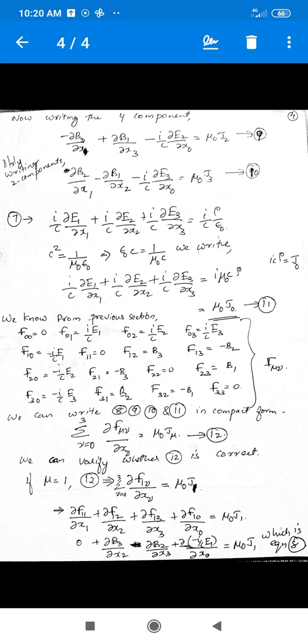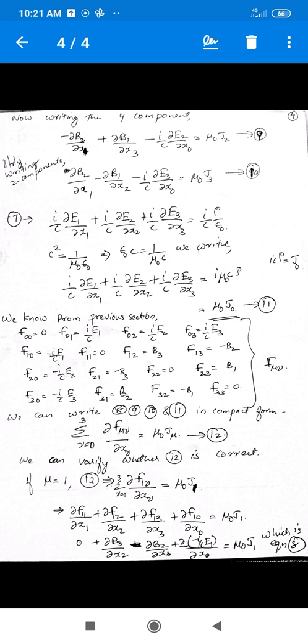We combine it to make it into a field tensor form. Left hand side you can see the electric field and magnetic field. Right hand side is mu 0 J, all the components of mu 0 J. So it will be mu 0 J mu on the right hand side, and left hand side will be dou F mu nu by dou X nu.